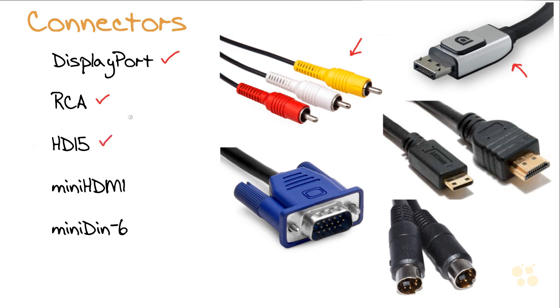There's HD15, which is the fancy name for the cable that we would use with VGA that we discussed. There's mini HDMI. So here we can see the large and the mini versions of that technology. And finally, there's mini DIN 6, which is a connector and a cable that you'll see on older PCs for connecting video. So in addition to all of the interfaces we've already looked at, here's some more terminology that we really should be aware of.